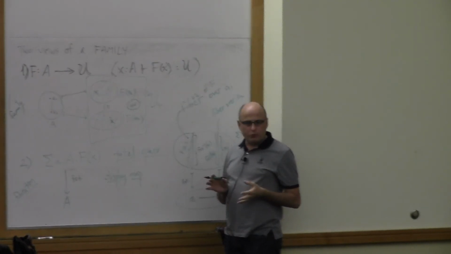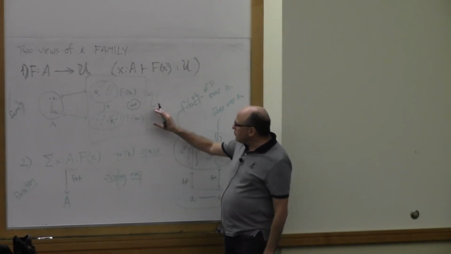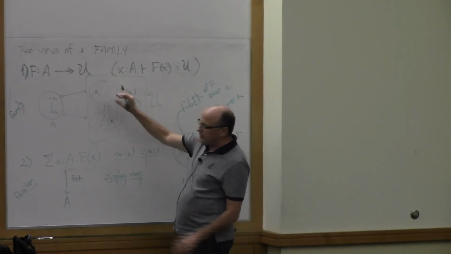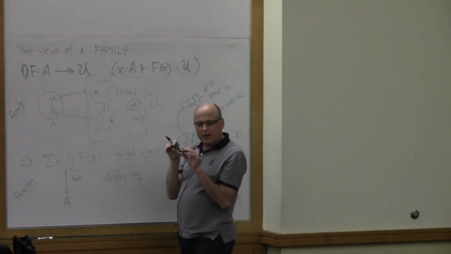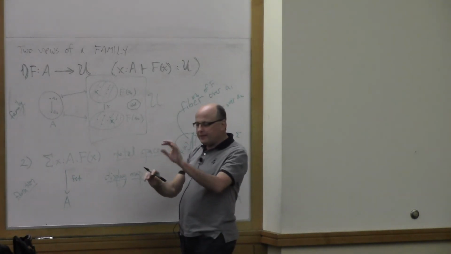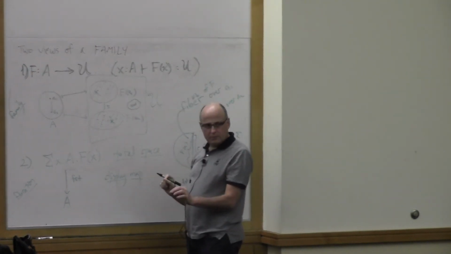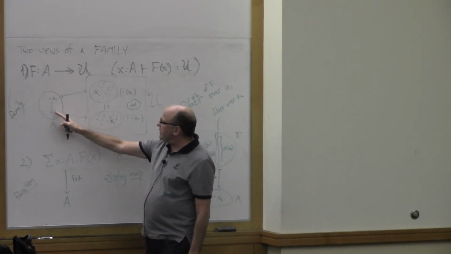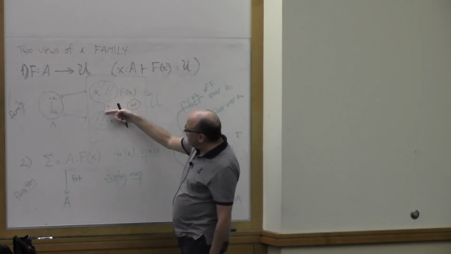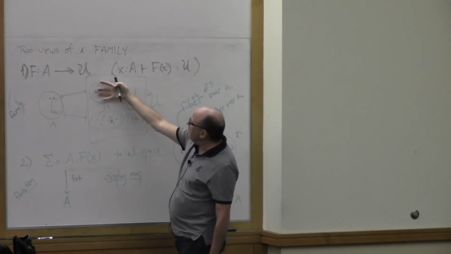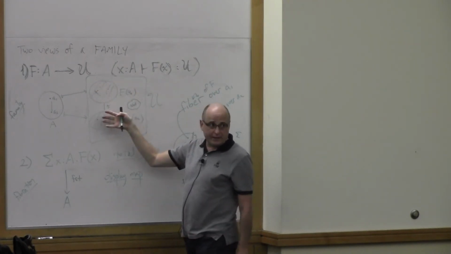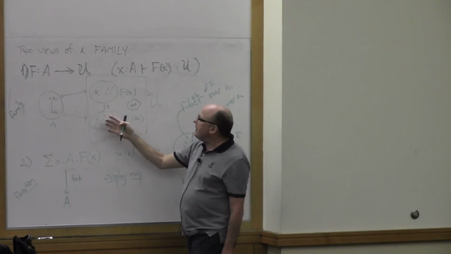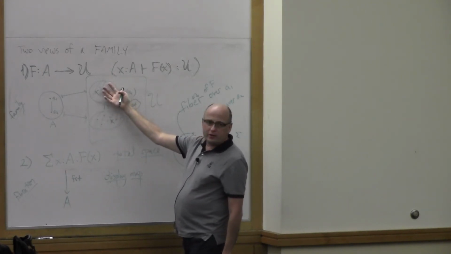But now comes the important point. It's true that U is a type, and these balloons, if you zoom out far enough, from 10,000 feet, are just points in U. So you might say an identification between A1 and A2 induces an identification between the point f of A1 and the point f of A2, and that is true. But the point is that these things have structure.